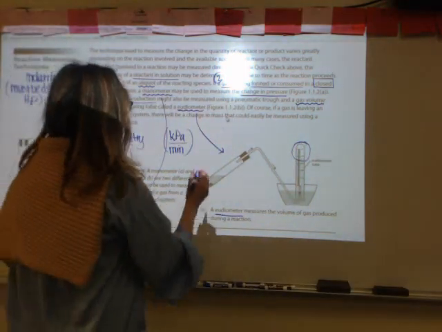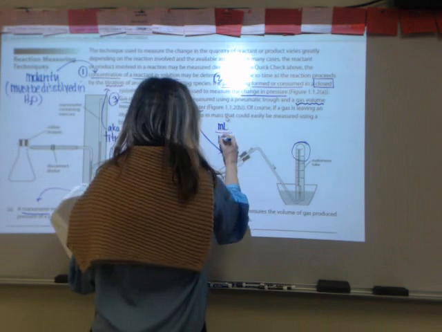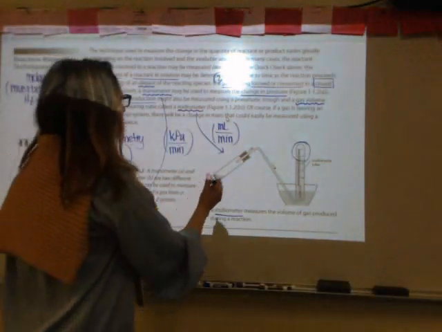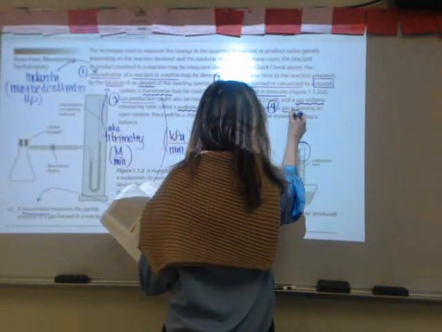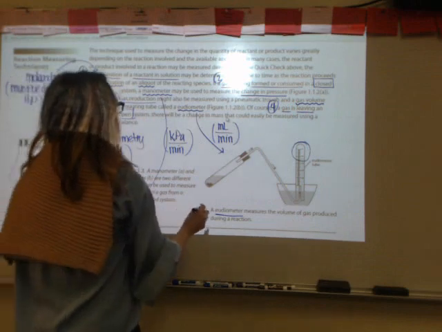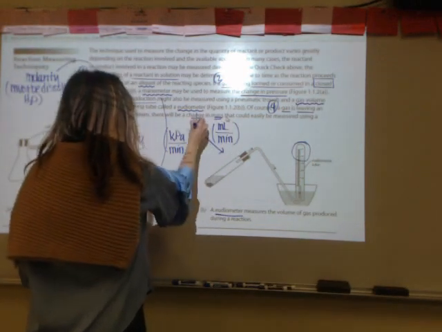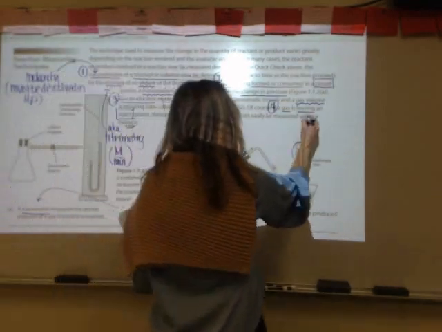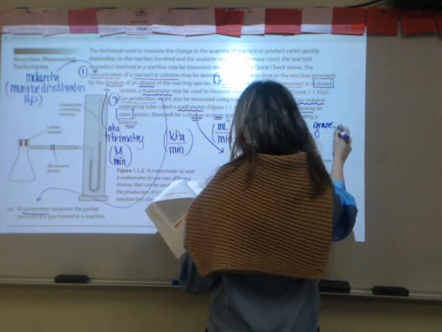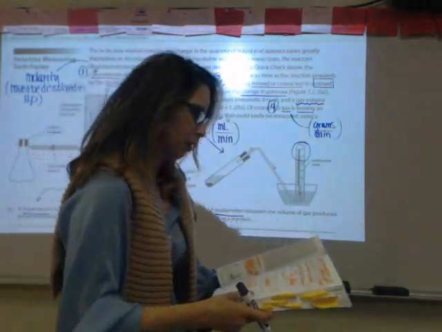So that means you're probably looking at units of volume over time, which would be something like milliliters per minute. If you have an open system and the gas is leaving, then you could just measure the mass change using a balance, which means you're probably looking at units of grams over time, maybe grams per minute if you're using a balance.